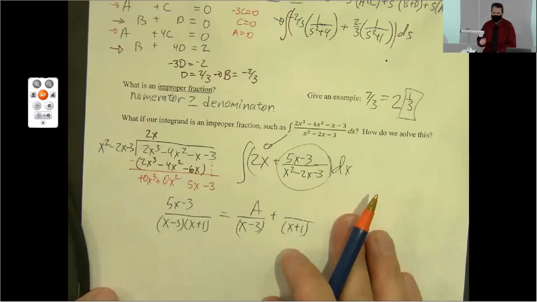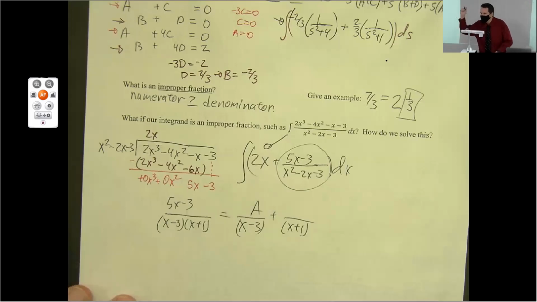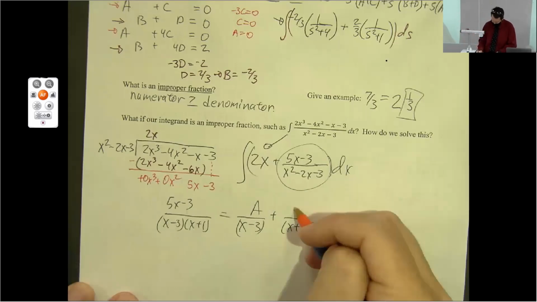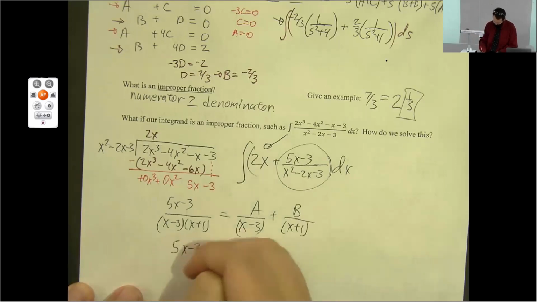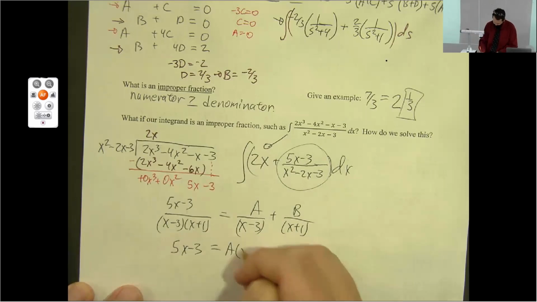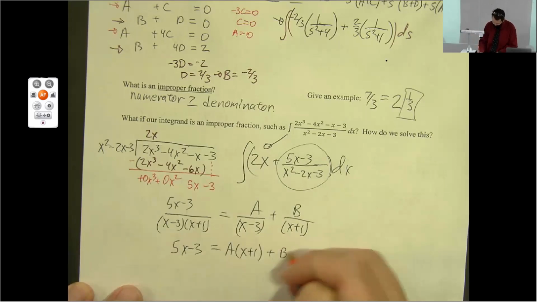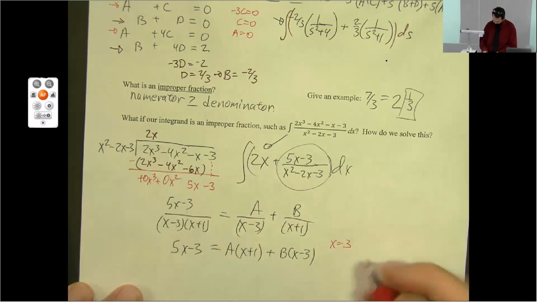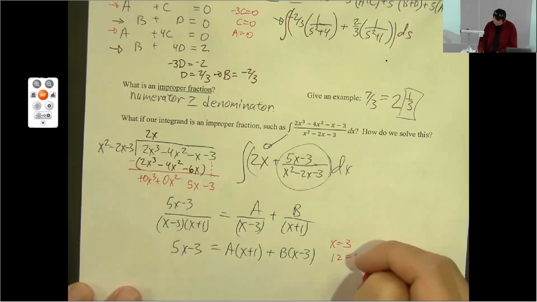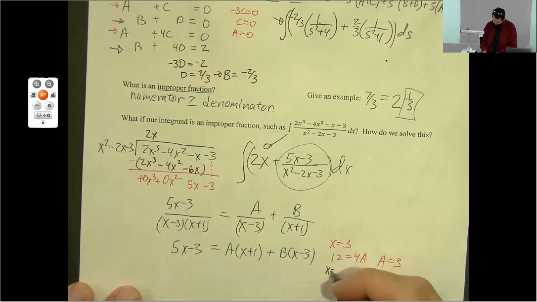That's because we're dealing with proper fractions. 5x minus 3 equals A times x plus 1, plus B times x minus 3. I'm going to do the little trickiness. Say x equals 3. We get 15 minus 3 is 12, equal to 4A. So A had to be 3. Let x equal negative 1. Negative 5 minus 3 is negative 8, equal to, this guy goes bye-bye, negative 4B. So B must have been 2.